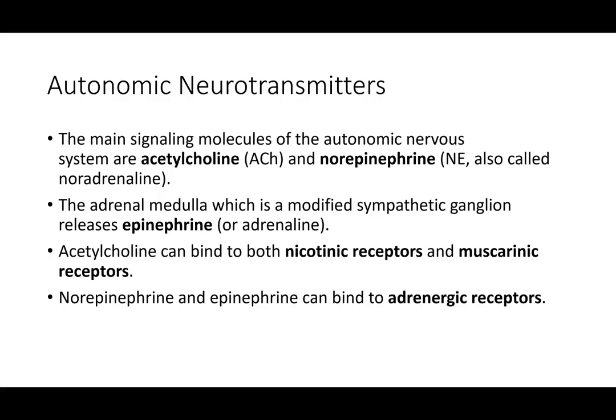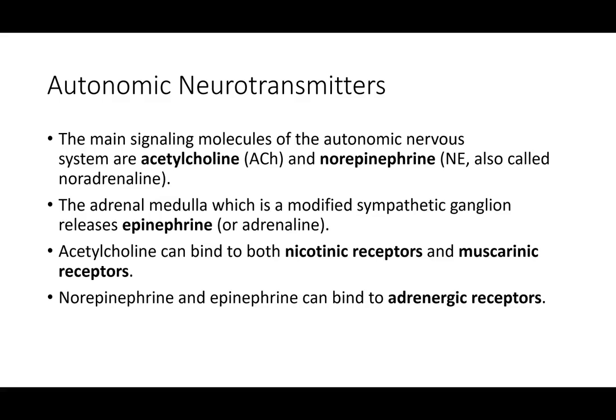And then the adrenal medulla, which is a modified sympathetic ganglion, can also release epinephrine, also known as adrenaline. So we've got these three main chemicals functioning within the autonomic division of the nervous system.